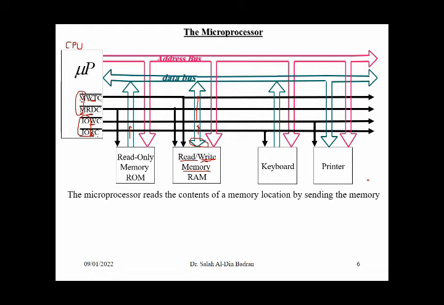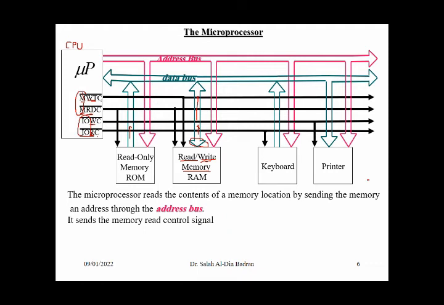So if we need to summarize the idea behind this simple structure, the microprocessor reads the contents of a memory location by sending the memory an address through the address bus.